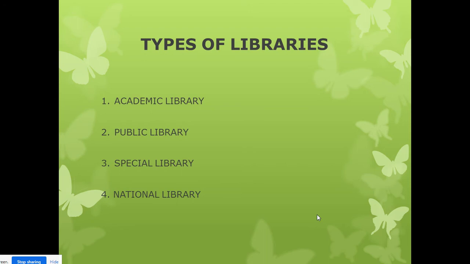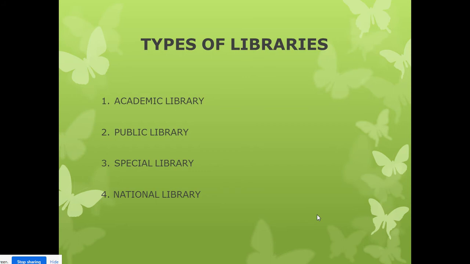Another is the National Library. A National Library is a library established by the government of a country, and it deals with all the people of the country with a national collection.